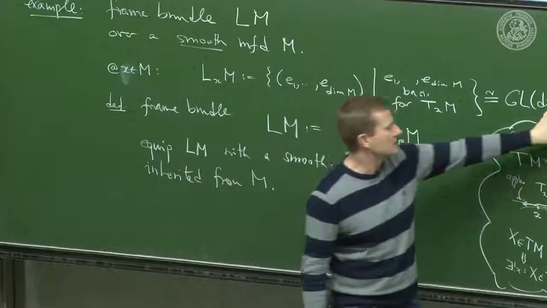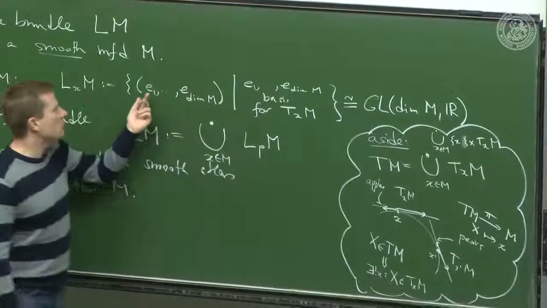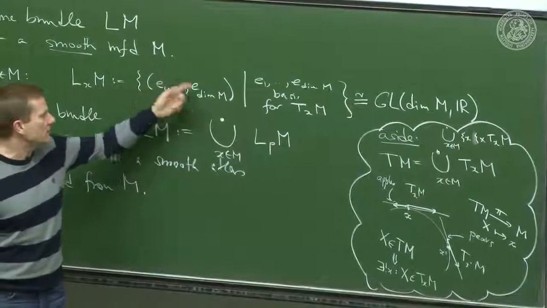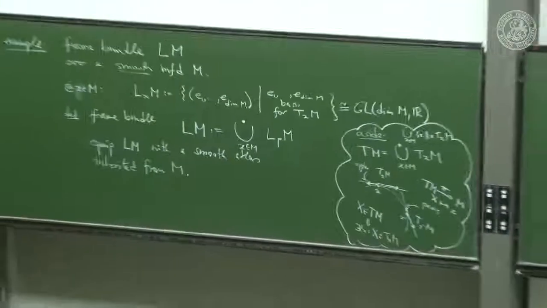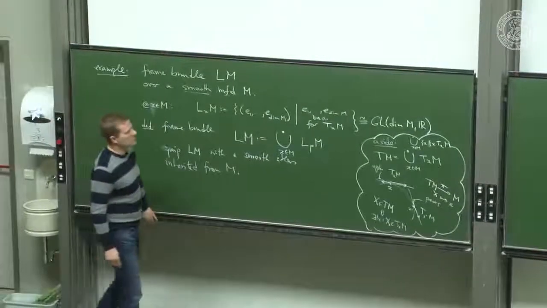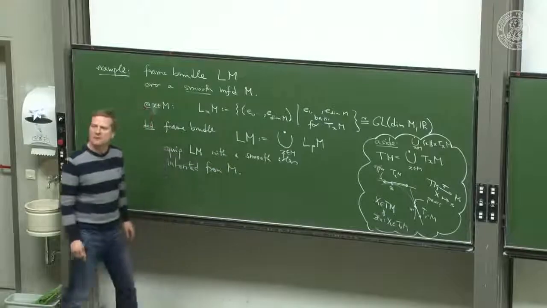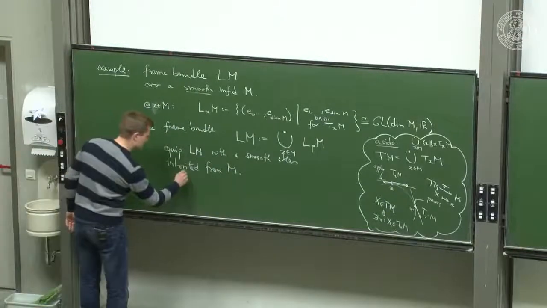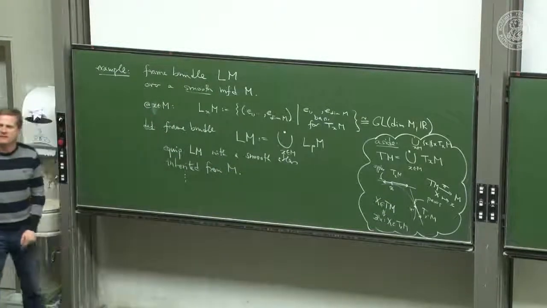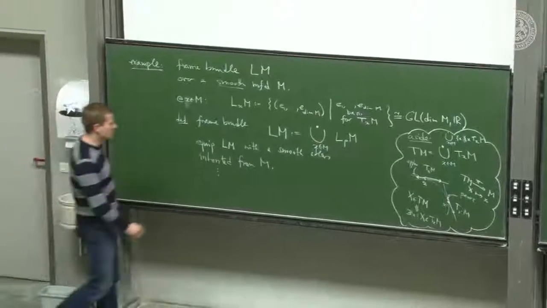Like a square array of numbers that coordinatize every single element in this LxM, and those you use as coordinates of this frame bundle. So you do this precisely the same way. I don't think it's worth spelling this out again because it's a complete analogy.